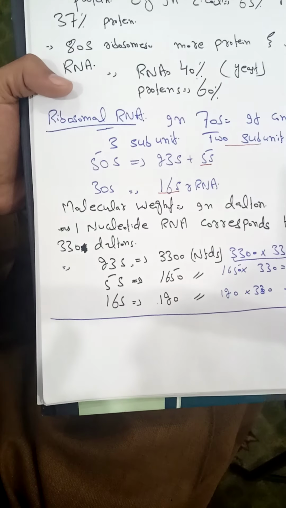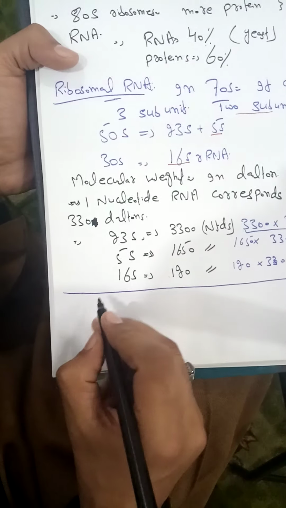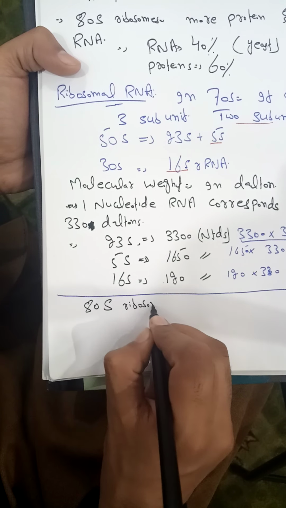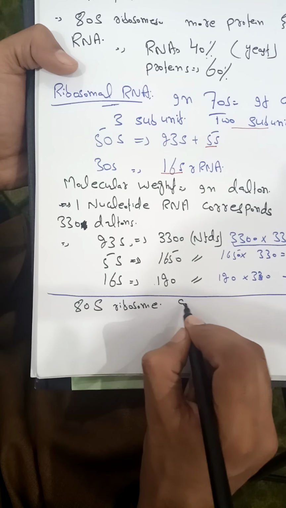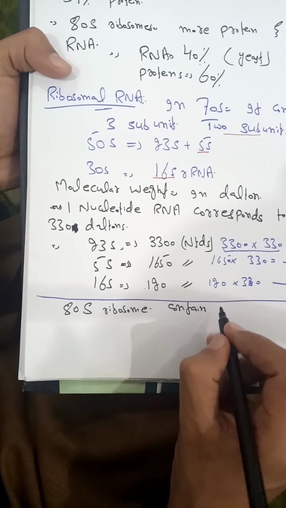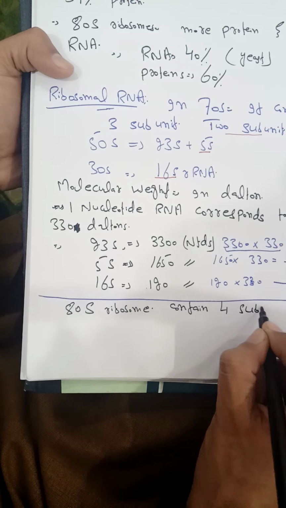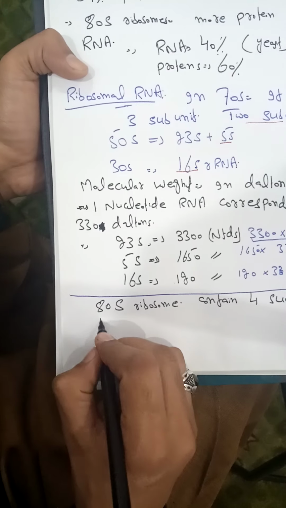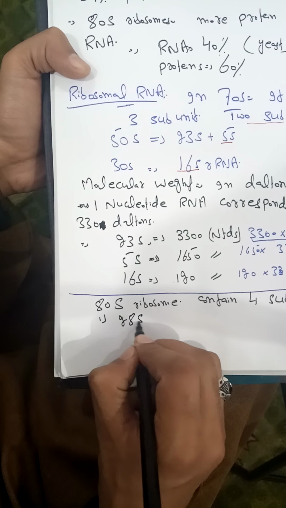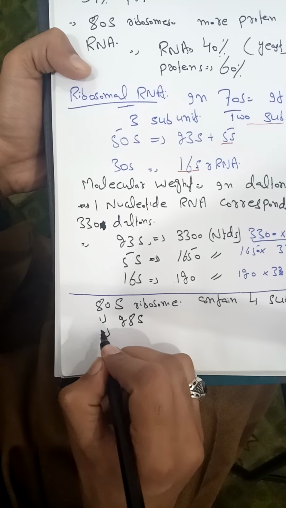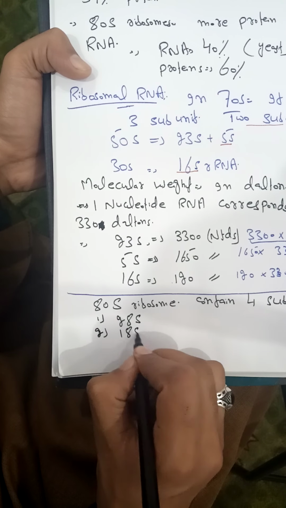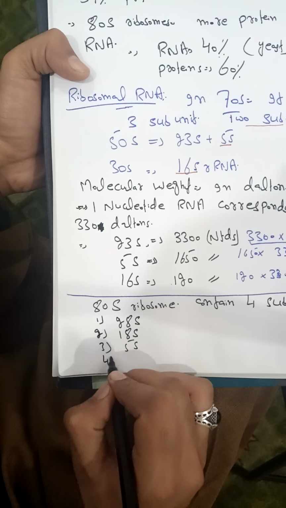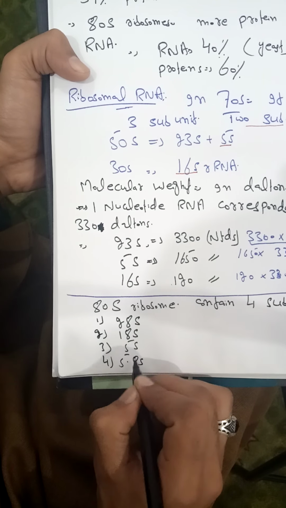Now the 80S ribosome contains 4 subunits. The 4 subunits are 28S, the second one is 18S, the third one is 5S, and the fourth one is 5.8S.